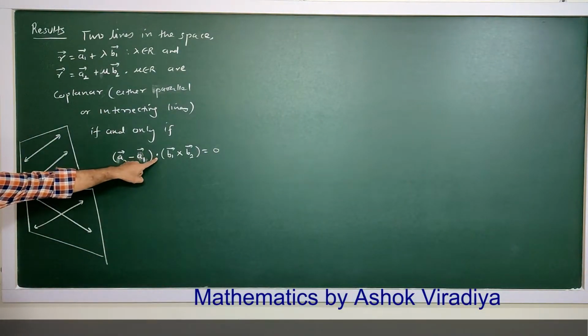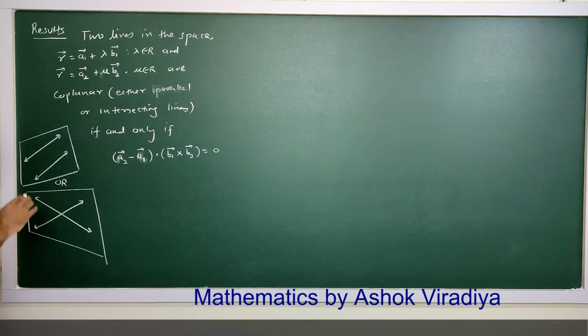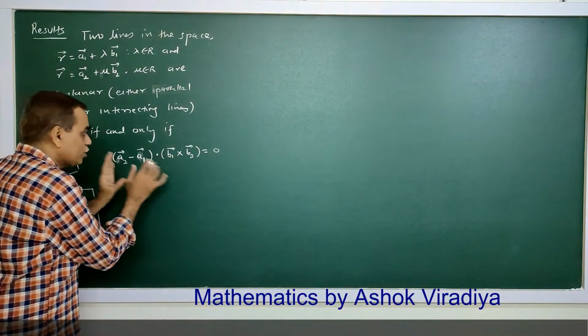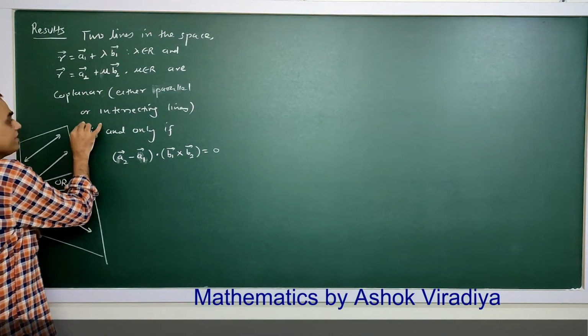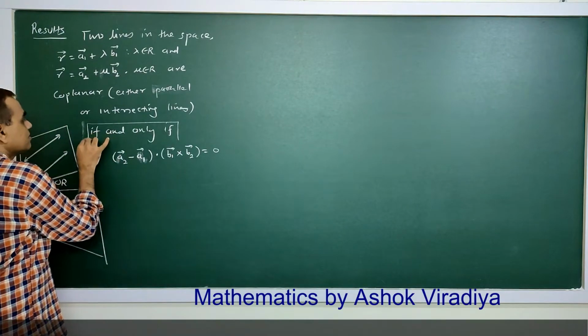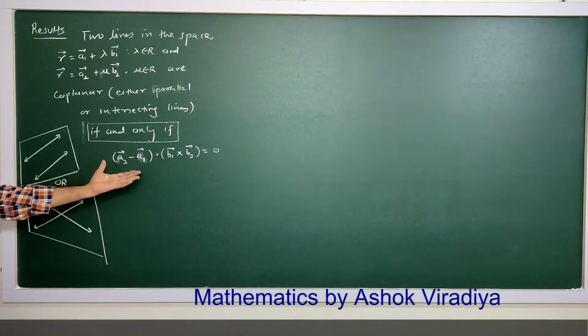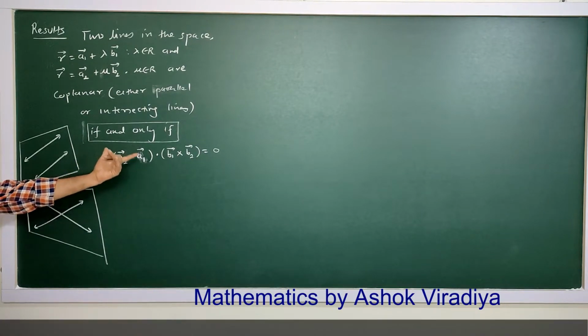If a dot product of these two vectors is 0, then both the lines are coplanar. If lines are coplanar, then this is true. So we use here if and only if. So this is the condition. It is a necessary and sufficient condition.